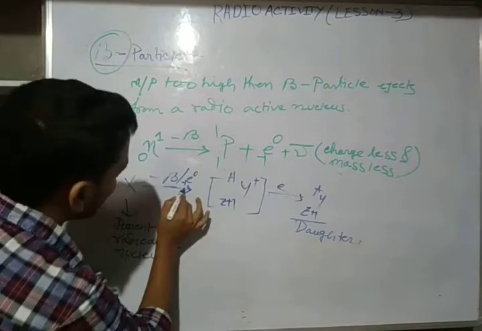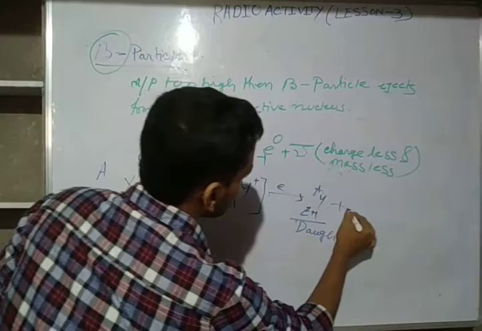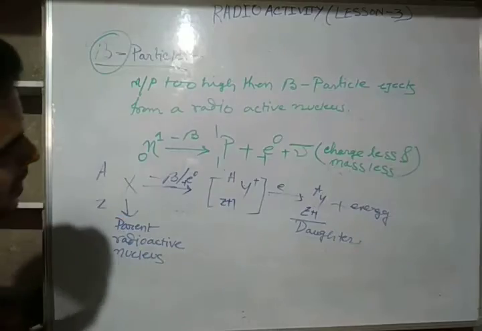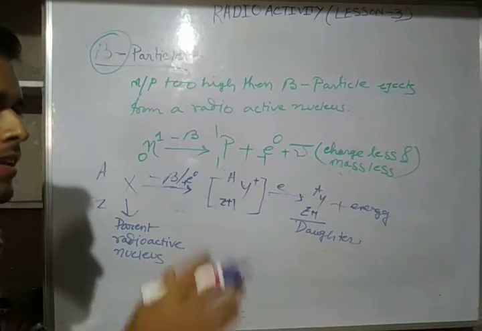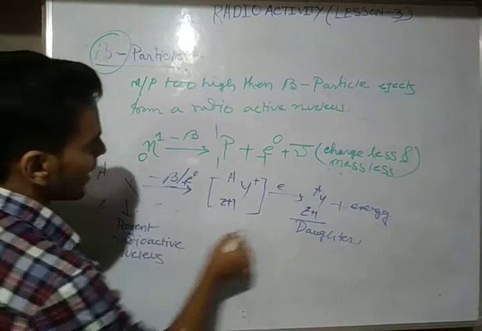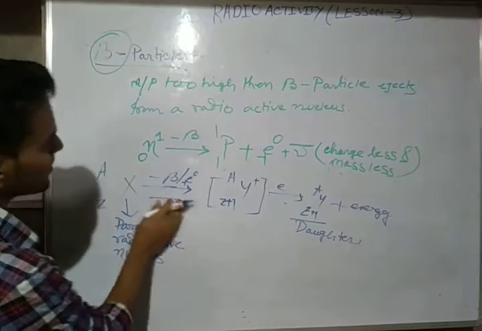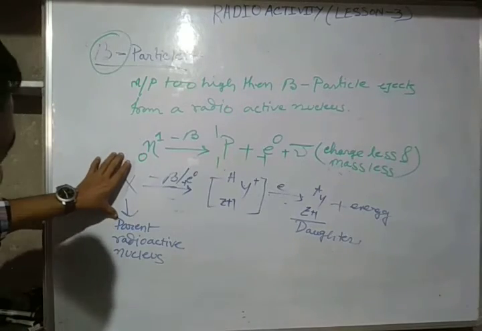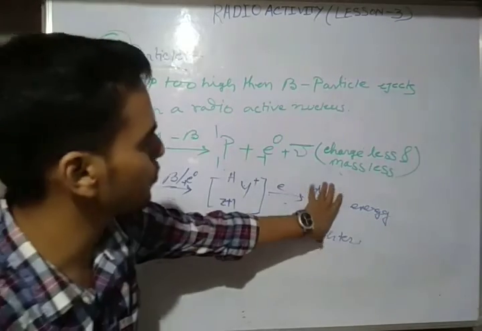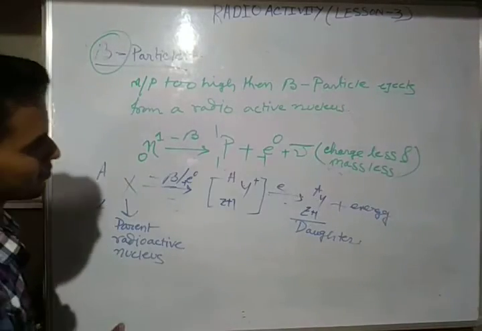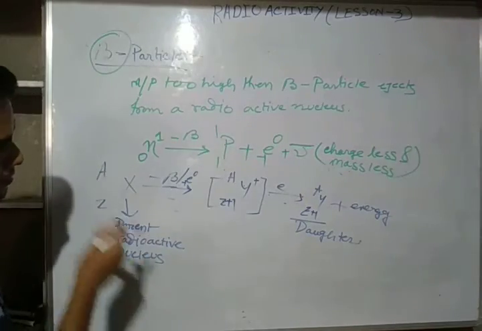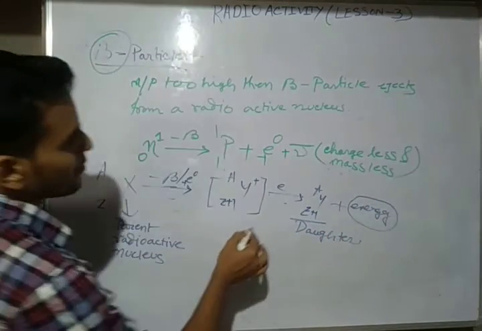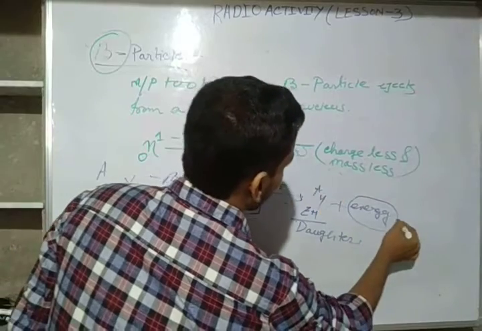And when the beta particle is released, some energy is also released. And in a radioactive reaction, we know that the energy on the left hand side and right hand side remains same. But in examination, we see that the reactant energy is higher than the product. Then the energy is conserved by the chargeless particle antineutrino.